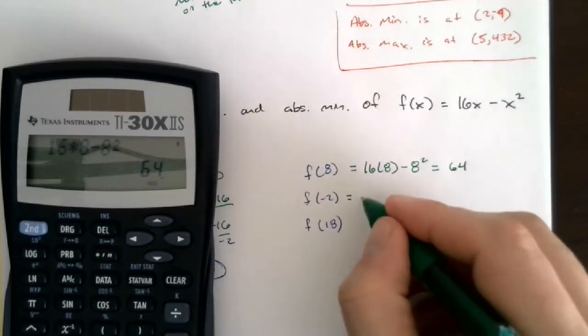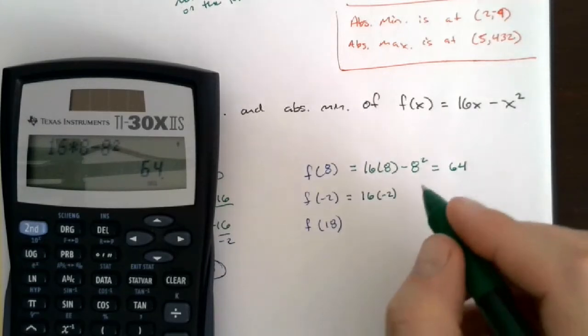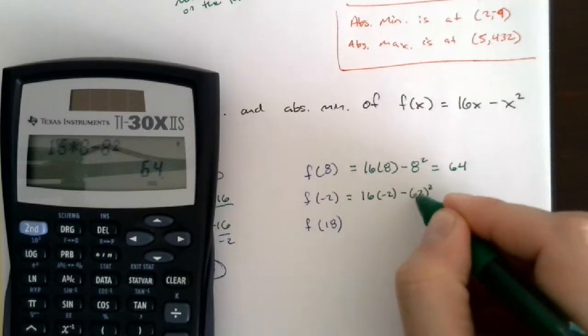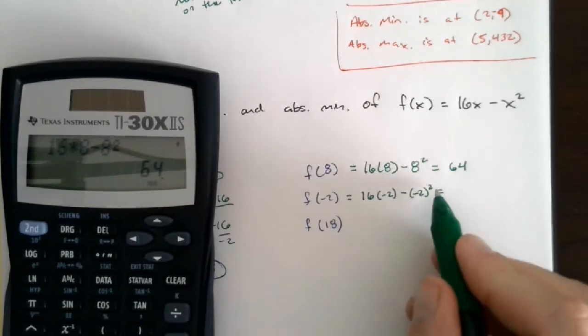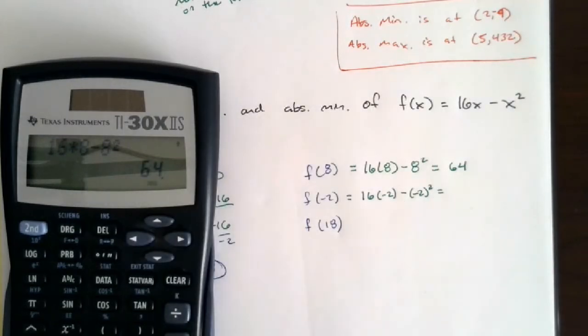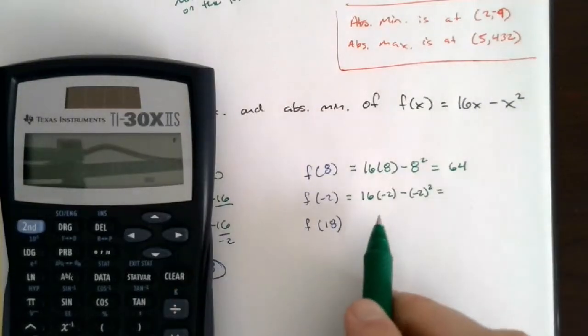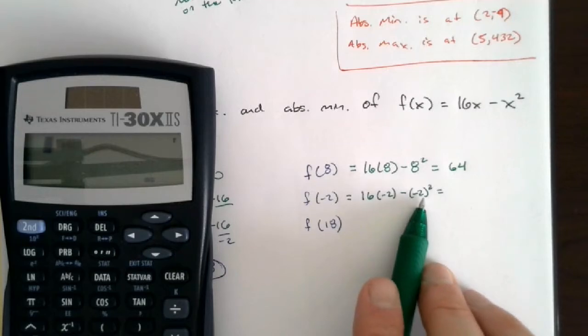F of negative 2 would be 16 times negative 2 minus negative 2 squared. All right, watch your signs on this. There's parentheses around that negative 2 getting squared. That other negative is on the outside of it. So you have 16 times negative 2 would be negative 32. This will be minus, this is going to be a positive 4.